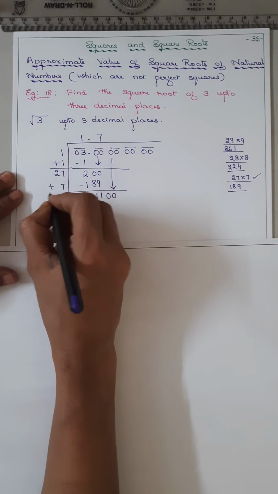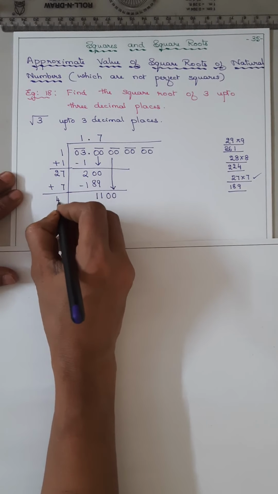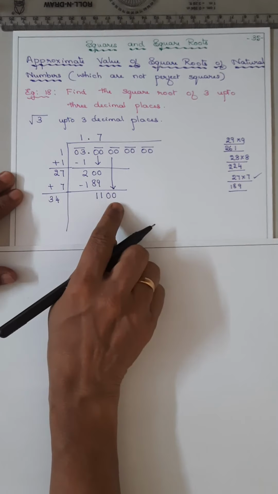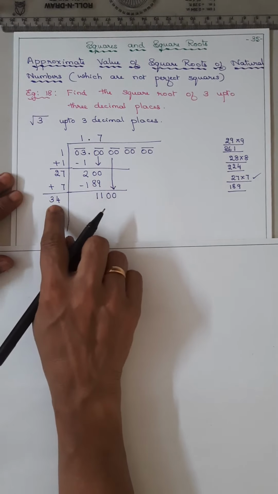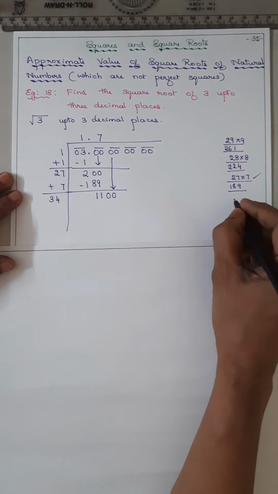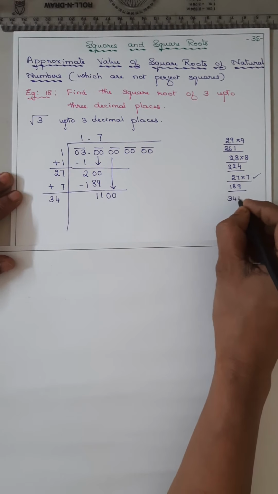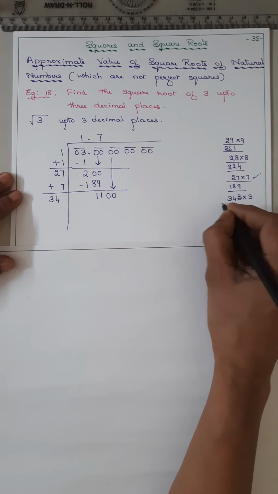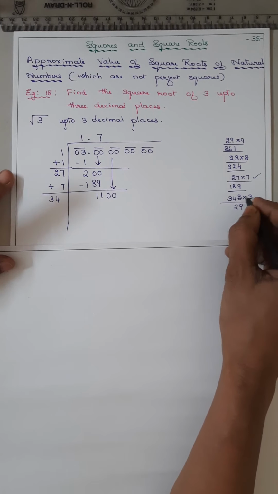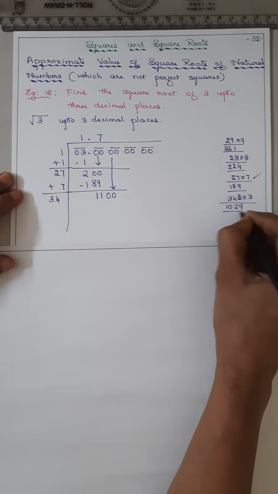Bring these 2 zeros down. Now add 7. 7 plus 7, 14. 1 plus 2, 3. Now 2 digits, 4 digits. So 3 how much are 11? 3 3s are 9, 3 4s are 12, 3 3s are 9, 10.